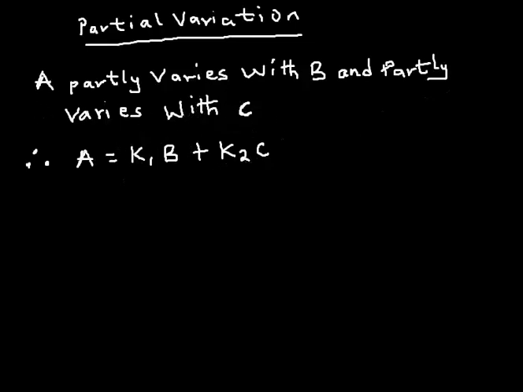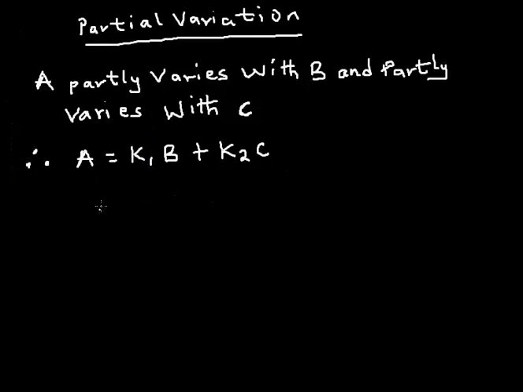Now in joint variation, we use multiplication to connect the two variations, and of course the constant we use is just one constant for the two variations.